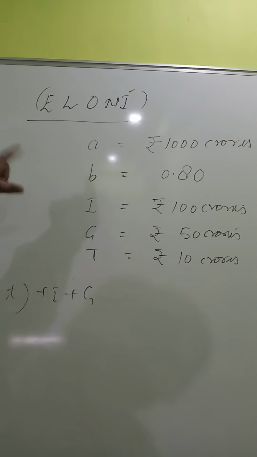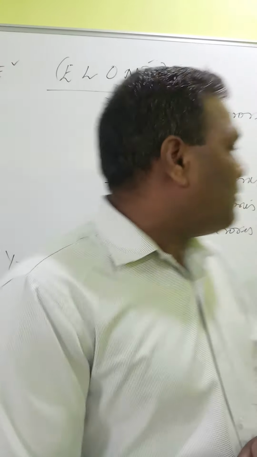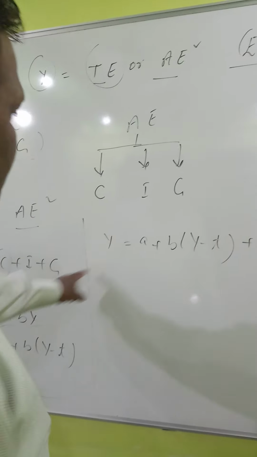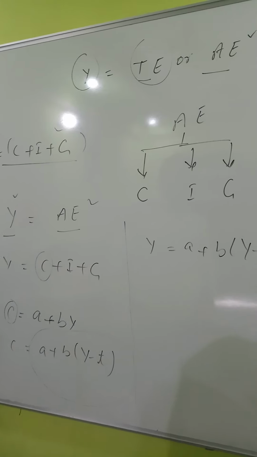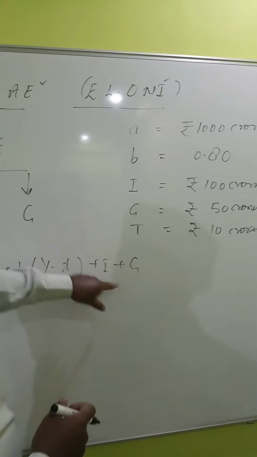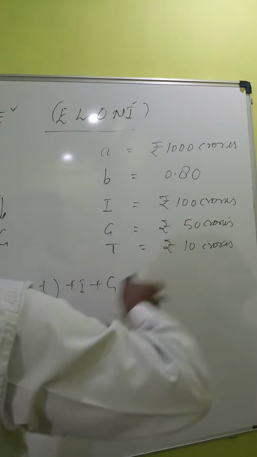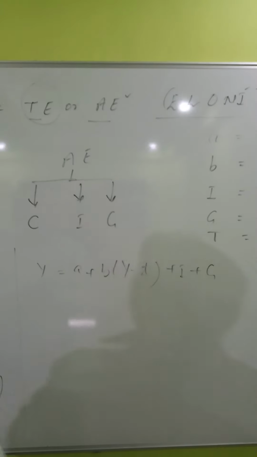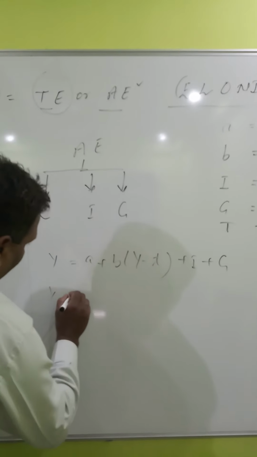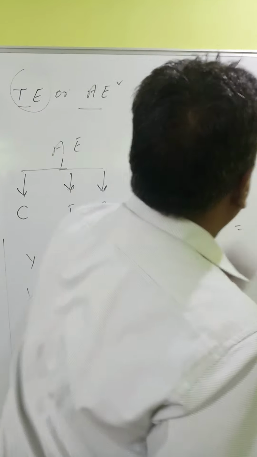So on the basis of this information, we can easily determine the equilibrium level of national income with the help of this equation. Now we have to replace the respective values in this equation at the appropriate places only. Then, by calculating, we can easily determine the equilibrium level of national income. Y is equal to, what is the minimum level of consumption? That is 1000.